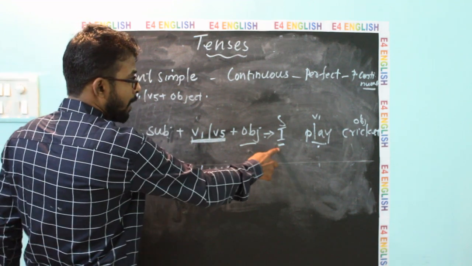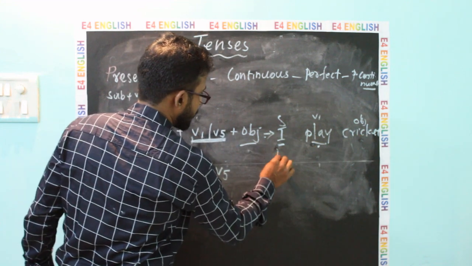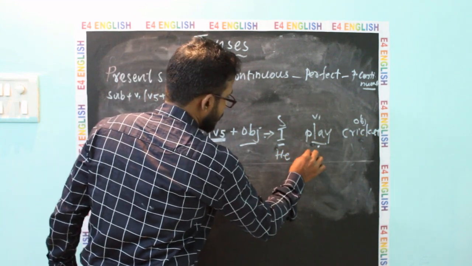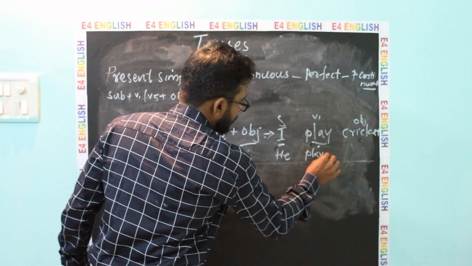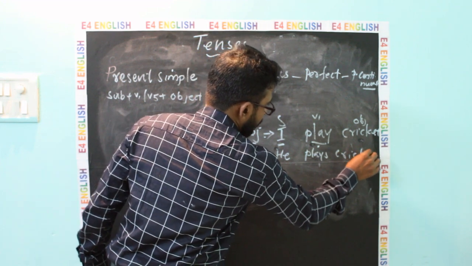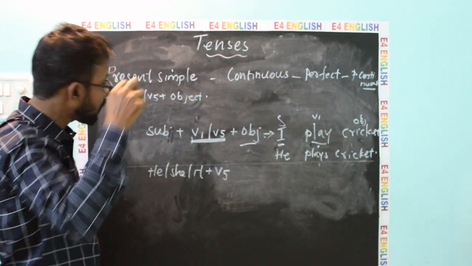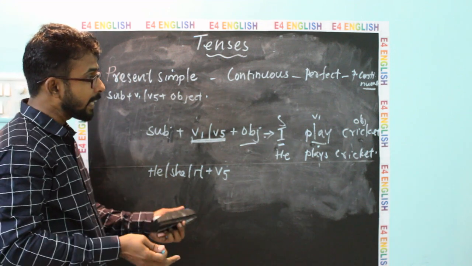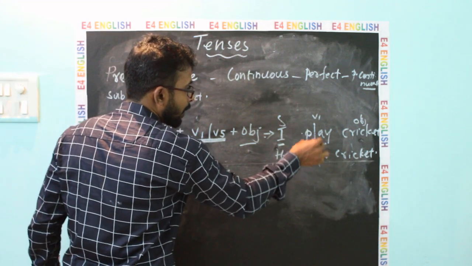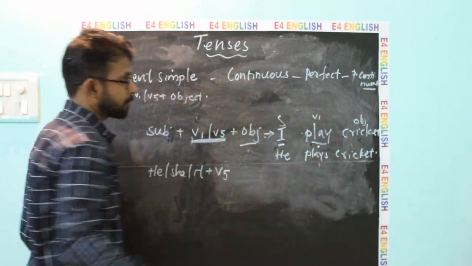So, I play cricket. If it is he or she or it, he plays cricket. Now you might have understood the technique behind the use of play and plays.